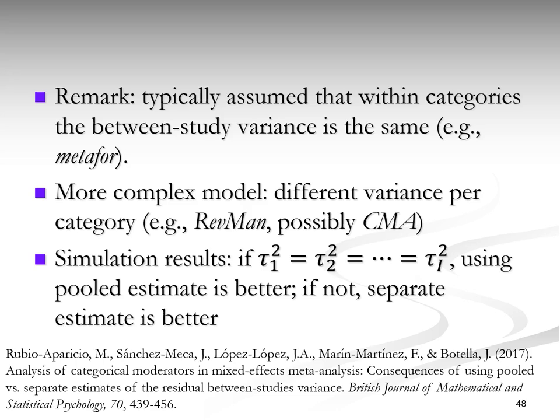But some software packages also allow you to assume that possibly the variance of u depends on the category. In that situation, of course, you estimate many more variance components. For instance, in the software RevMan, this is done by default. In the software CMA, you have the choice.